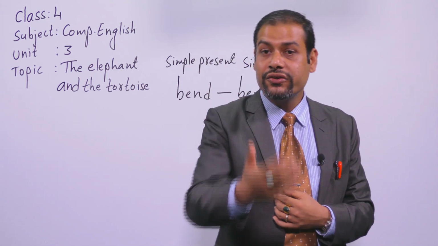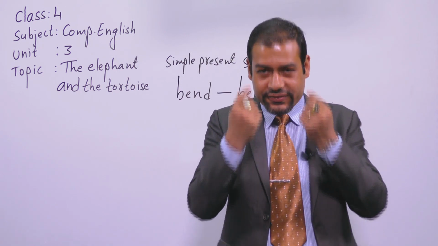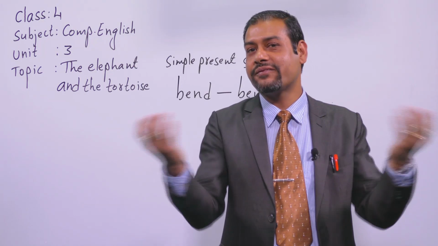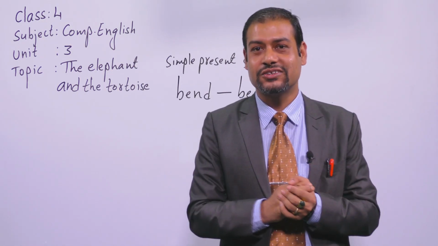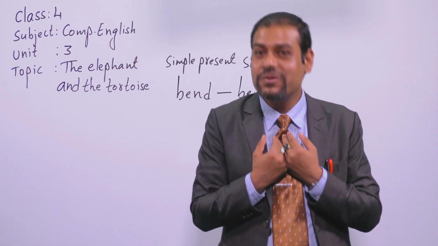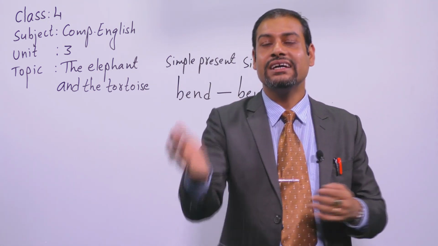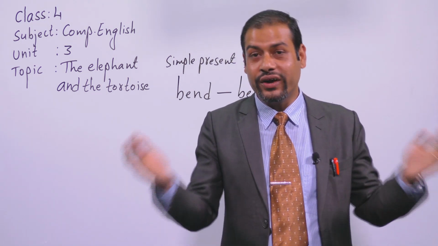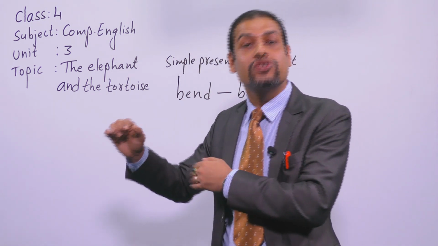They may not use your real names. For example, if my complexion, my face, is a little bit black, maybe my friends may call me Kale. If they call me Kale, then I cannot be happy. Likewise, in the story, the tortoise could not be happy when the elephant called him short legs.